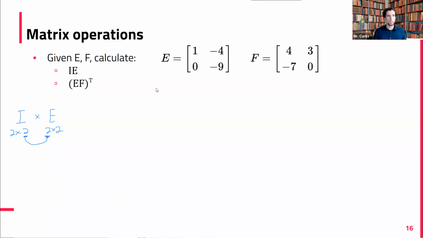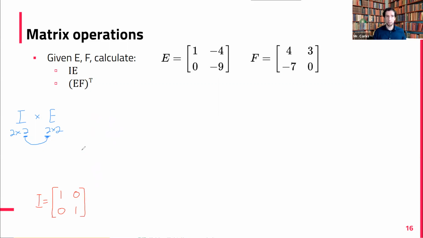Okay, all right, while I'm writing this, I want you guys to think and try to guess what the result will be if we take an identity matrix times E. Sorry, not the size. Size is the 2 by 2. What will the final matrix look like after we do this multiplication? A 2 by 2 matrix.